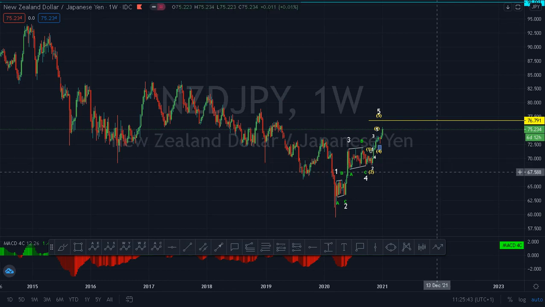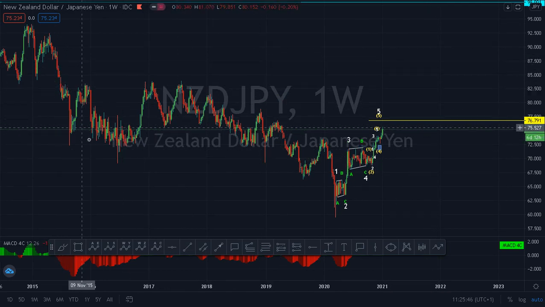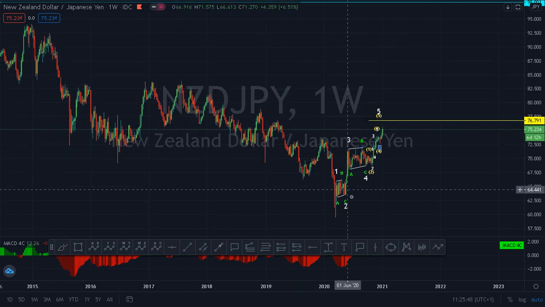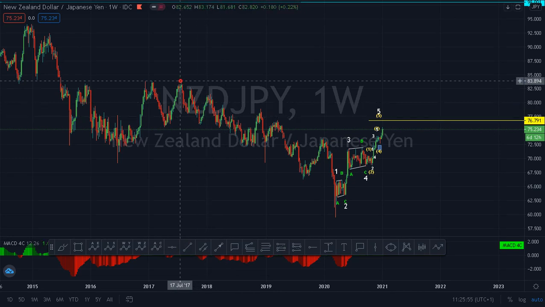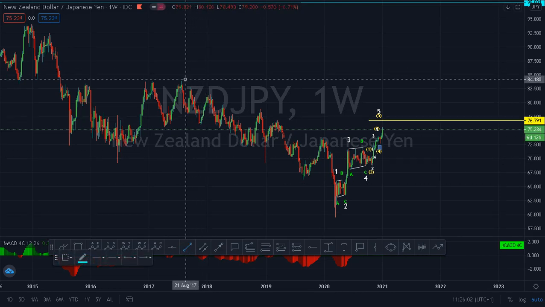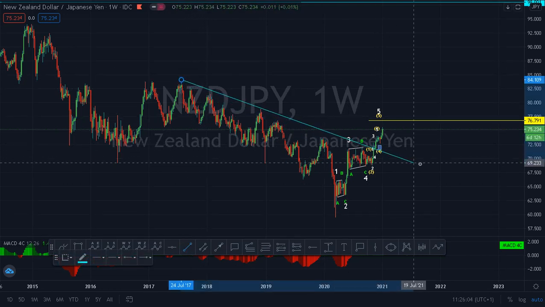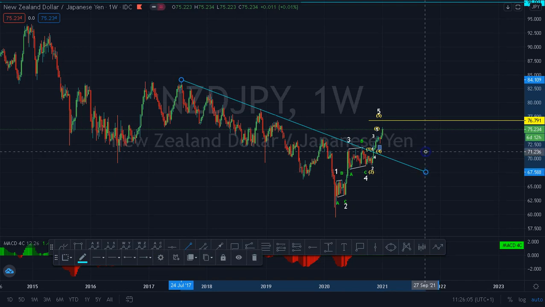On the weekly chart, we can see this move is corrective. The way it's moving, and the breaking of this channel, suggests that we will have further buying.